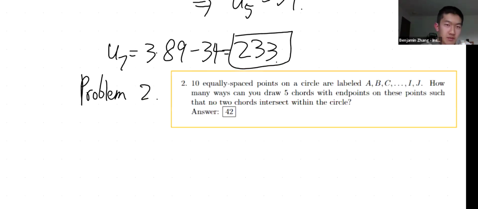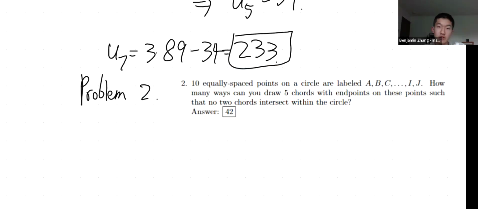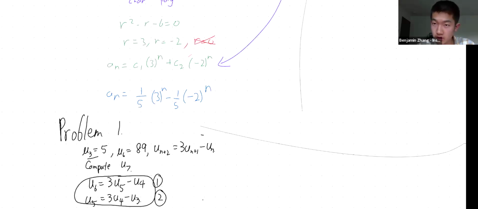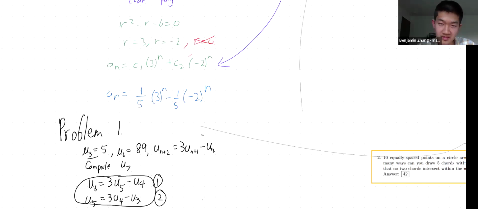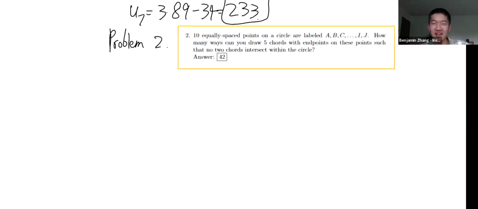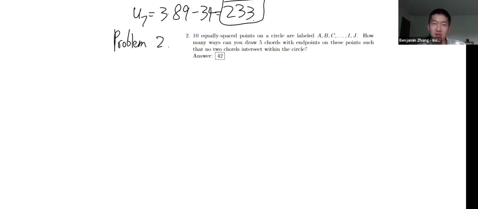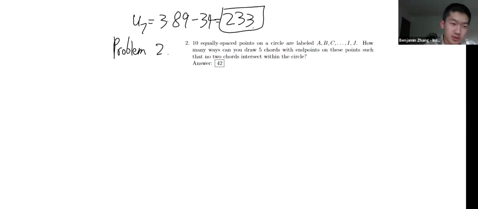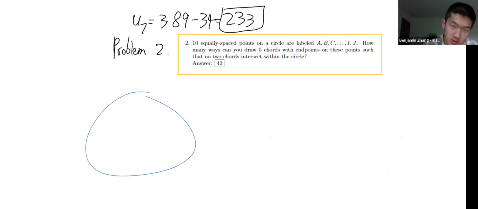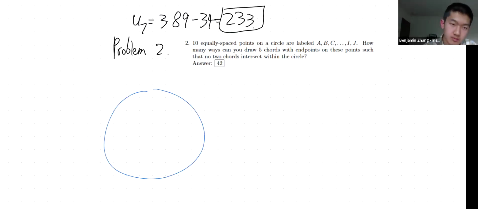It's okay. But anyways, I'll just quickly illustrate what this question is basically saying. Currently there are 10 equally spaced points on a circle labeled A, B, and so on. Yes, the answer is 42. Sorry, the answer was already provided. But anyways, there are 10 equally spaced points on a circle.